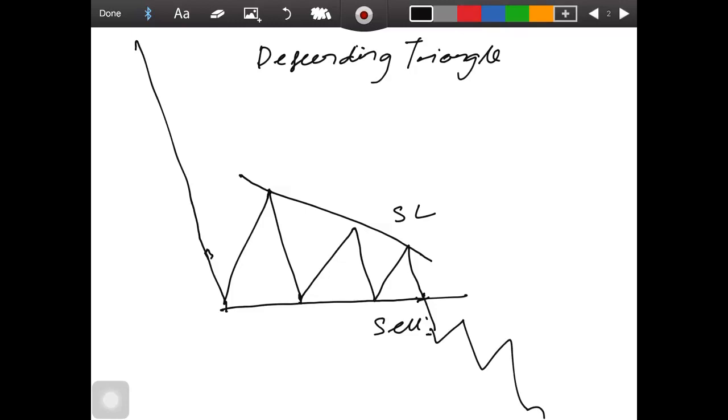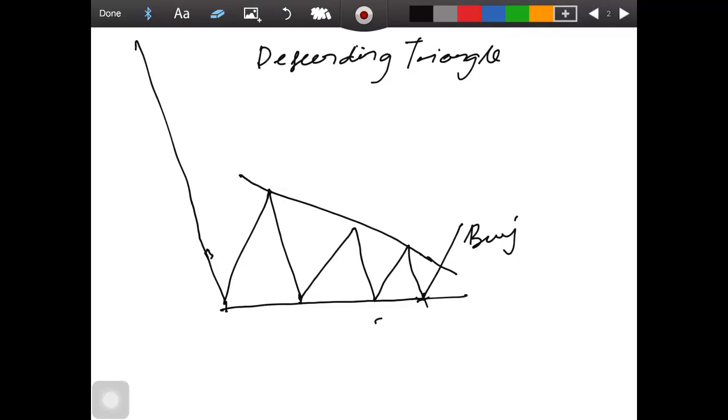Ideally, a descending triangle indicates a continuation to the downside, but if it fails to the upside, then it is giving us a hint that there's a possible reversal, and so we have a buy there. In the case where it fails, your stop loss is below the support, and your take profit anywhere above there. That is for a descending triangle.